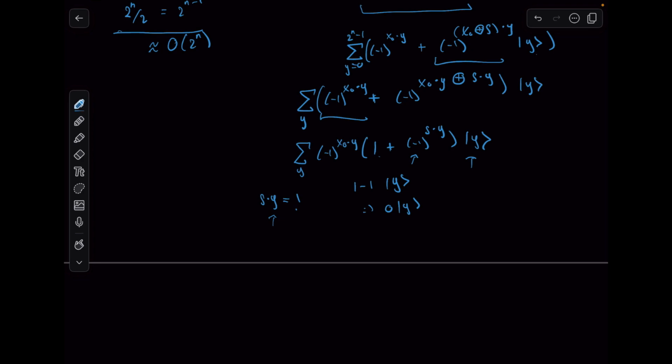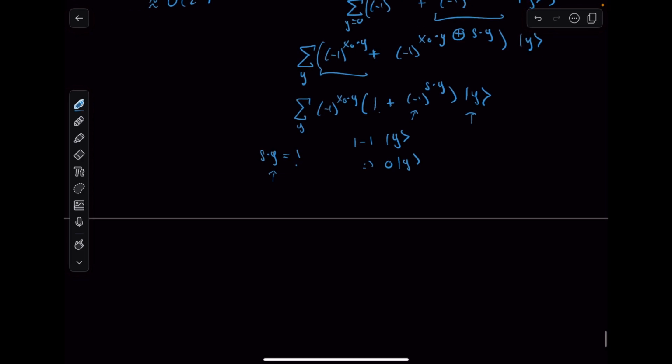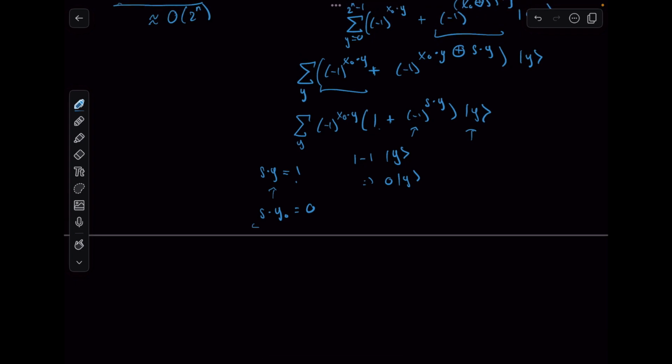So a measurement here is going to give us with 100% certainty some y, let's call it y0, such that s · y0 is equal to 0. Okay, so now we actually have some information about s if we make a measurement here, because we know this with 100% certainty, because otherwise the amplitude vanishes.